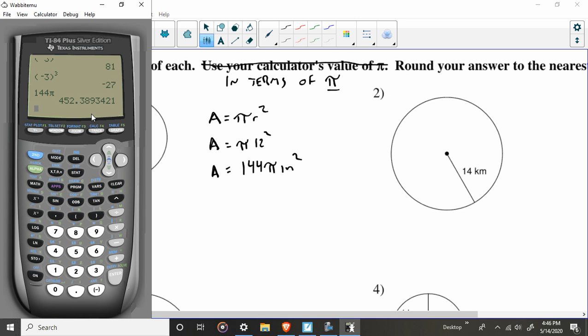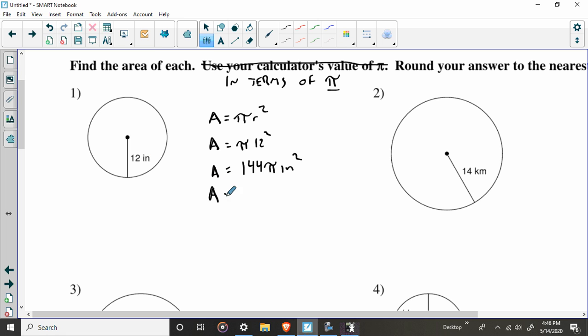So if we wanted to round it to the nearest tenth, like I said, it would be 452.4. So area is equal to 452.4 inches squared. So this is what we would say in terms of pi, meaning pi is still part of our answer, or this is to the nearest tenth.